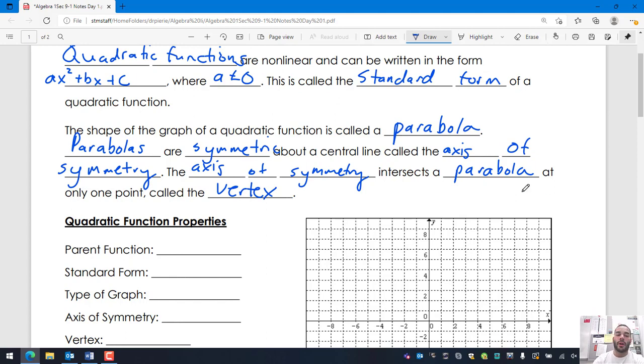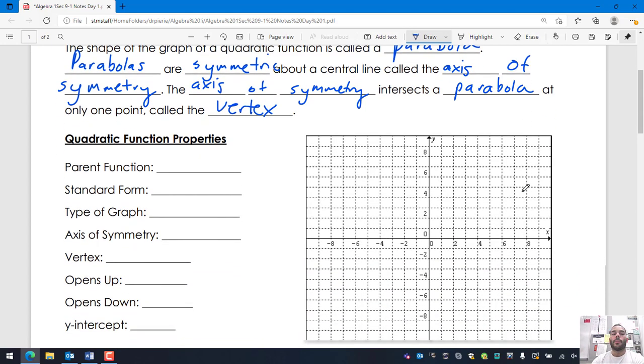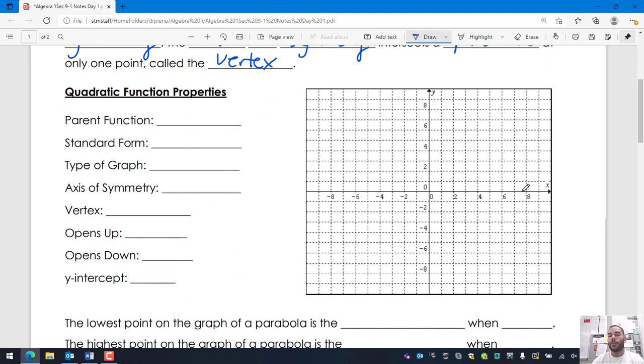A lot of words going on so far, but let's just start with the simplest type of quadratic function I could give you, the simplest type of parabola. We'll call this the parent function. All of our parabolas that we'll make in this course will stem off of this very, very simple type of equation. So the simplest type of parabola I could give you is just the equation x squared.